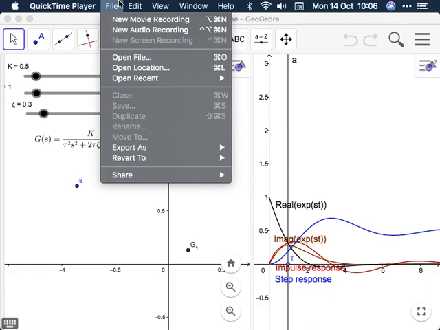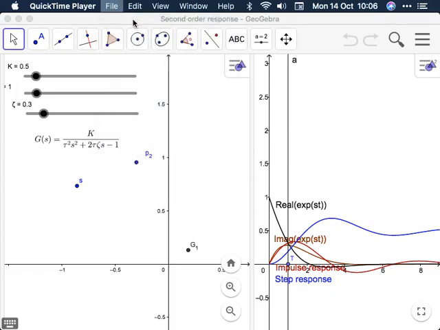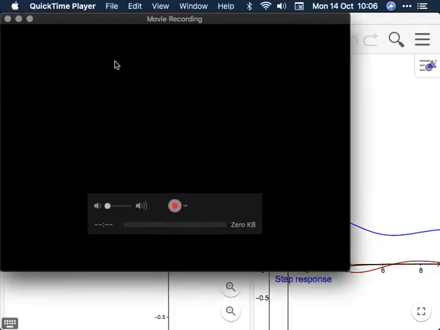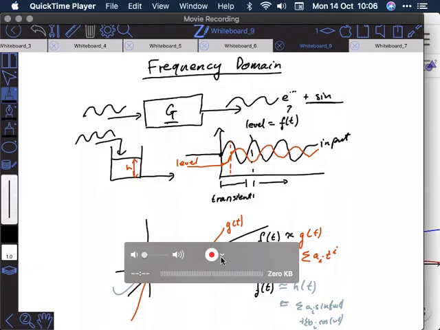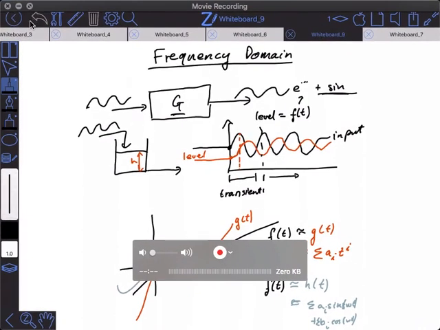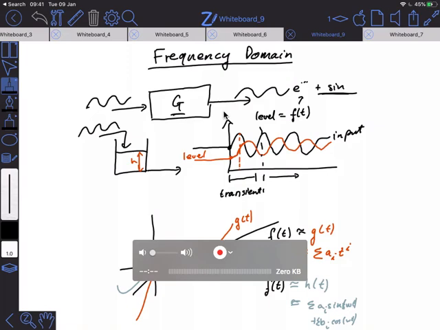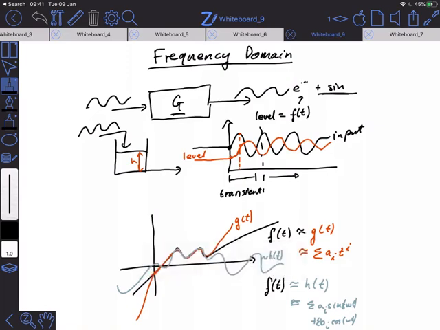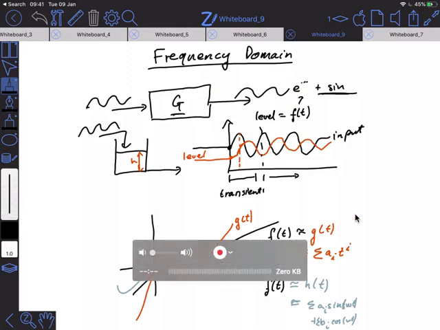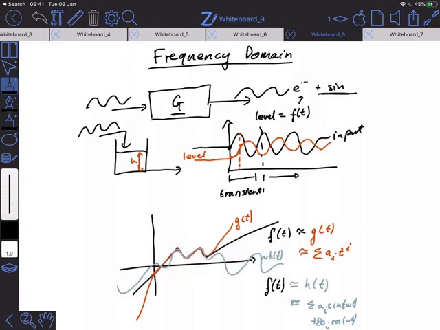And if you stuck around till the final part, you will have seen me showing you this Fourier series notebook where I showed you that you could take any signal and decompose it into its component sinusoids. And this is a very huge idea, and it motivates the Fourier series.